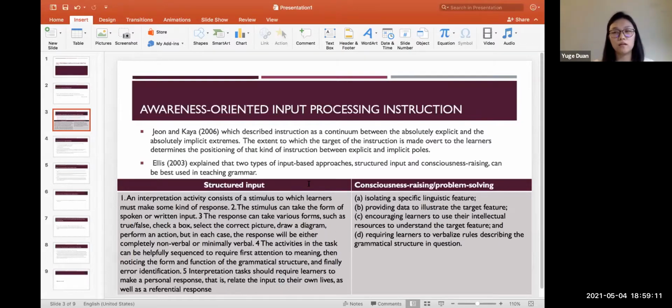So in the following study that I will introduce, the author applied the awareness-oriented input-based approach. This approach was originally created and applied in teaching grammar, and a Japanese researcher found that this might also be an effective approach in teaching pragmatics.